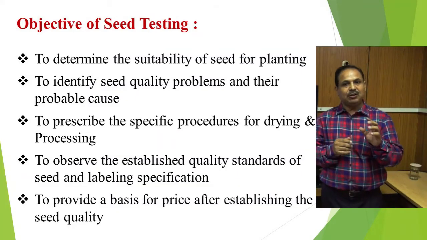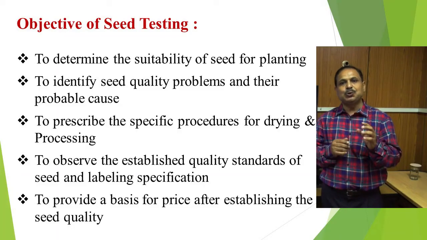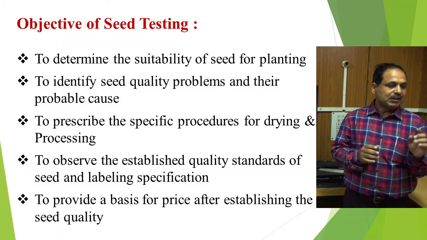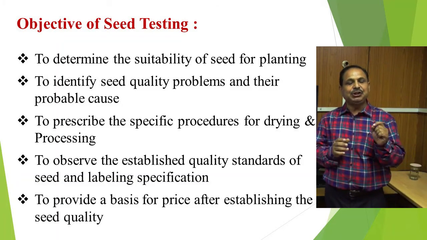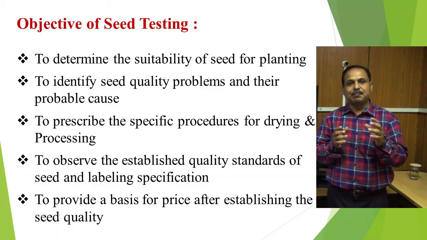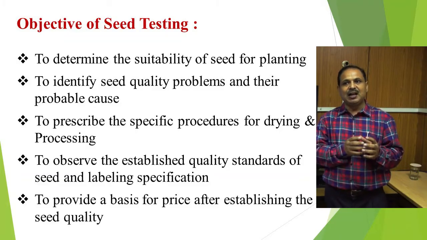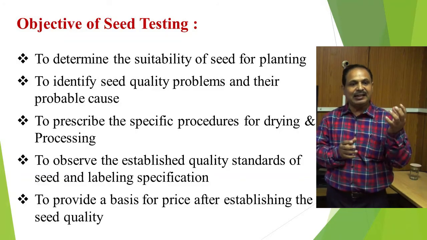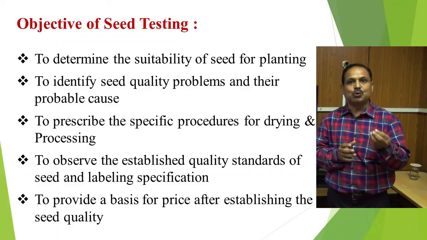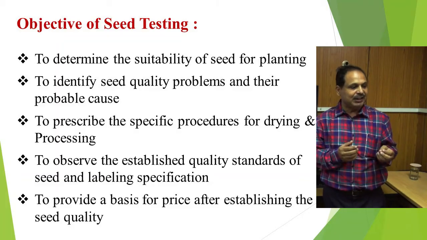If we talk about the objectives of seed testing, first, it determines the suitability of seeds for their planting value. Second, to identify the seed quality problems. If we have some problems in the quality of seeds, during testing we can identify what the problems are and their probable cause, which affects particular seed quality characters.